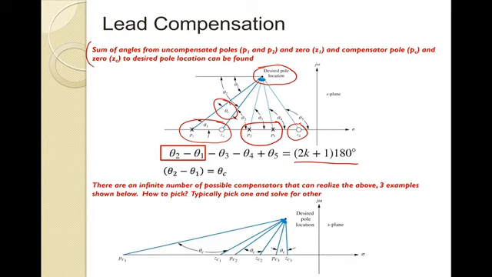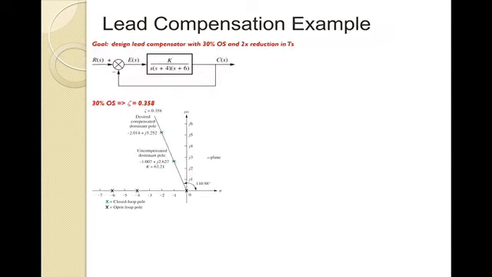When I look at this, however, there are really a quote-unquote infinite number of possible compensators in terms of the pole and zero. I could have the pole here, the zero here, then I could move them, but they have to move such that those angles always equal that odd multiple of 180. So typically you'll pick one and then solve for the other, and you'll see that in some of the examples.